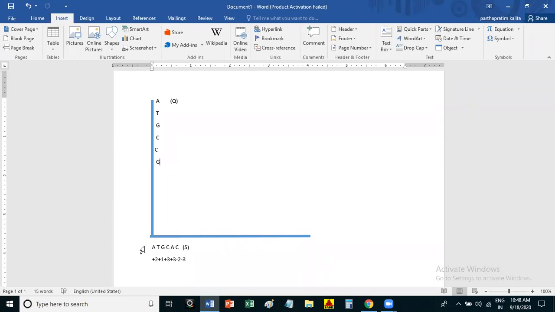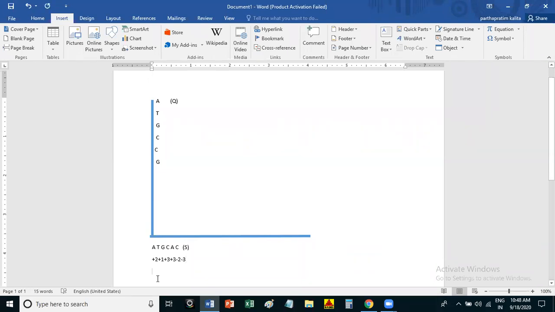I mentioned 2 scores yesterday, no? Your maximum score and your total score. The maximum score is the score for the whole sequence, and total score is your calculation of this one. For example, for this one the maximum score will be like this.